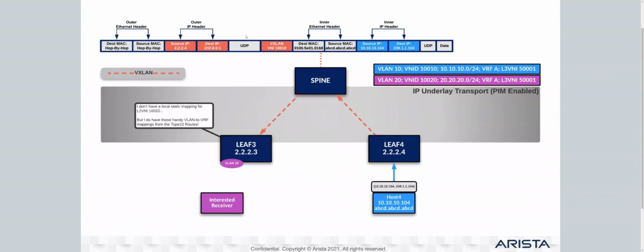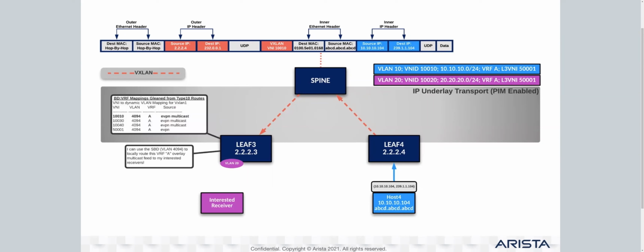But what about leaf 3? Poor leaf 3 says, thanks for this VXLAN encapsulated packet, but I don't have VNI 10,010 locally instantiated, or as someone put on the slide before this, uh-oh. But wait, I do have those VLAN to VRF mappings that we learned from the type 10 route. So yet again, the type 10 route saves the day.